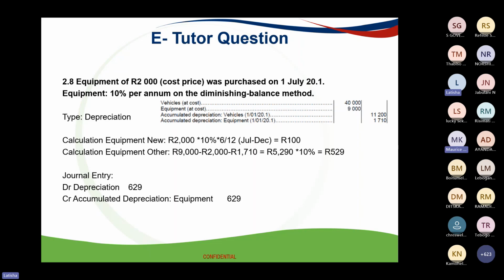So the diminishing balance method says you must take the cost of your equipment minus the accumulated depreciation. So cost of your equipment, 7,000 for the old equipment, minus the accumulated depreciation, which is given to us in the question or in the trial balance.